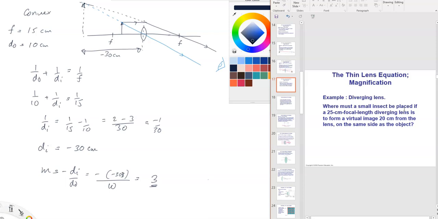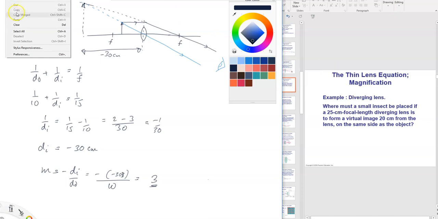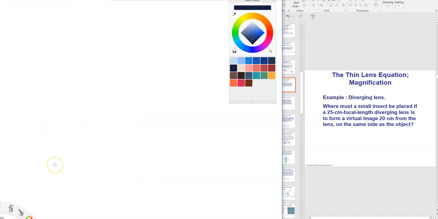Diverging lens. Where must a small insect be placed if a 25 centimeter focal length diverging lens is to form a virtual image 20 centimeters from the lens, on the same side as the object? Let's mark all this on the diagram first. It's a diverging lens, so this type.